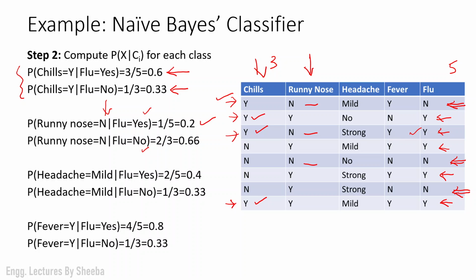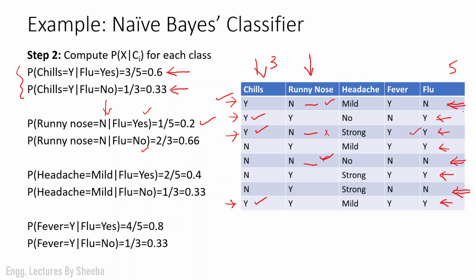Then what about this runny nose no? Runny nose no, in that the tuple which is having flu no, here you have 1, that is flu no. This one is also flu no. This is also correct. This is runny nose is equal to N and flu is equal to no. So how many flu no tuples are there?